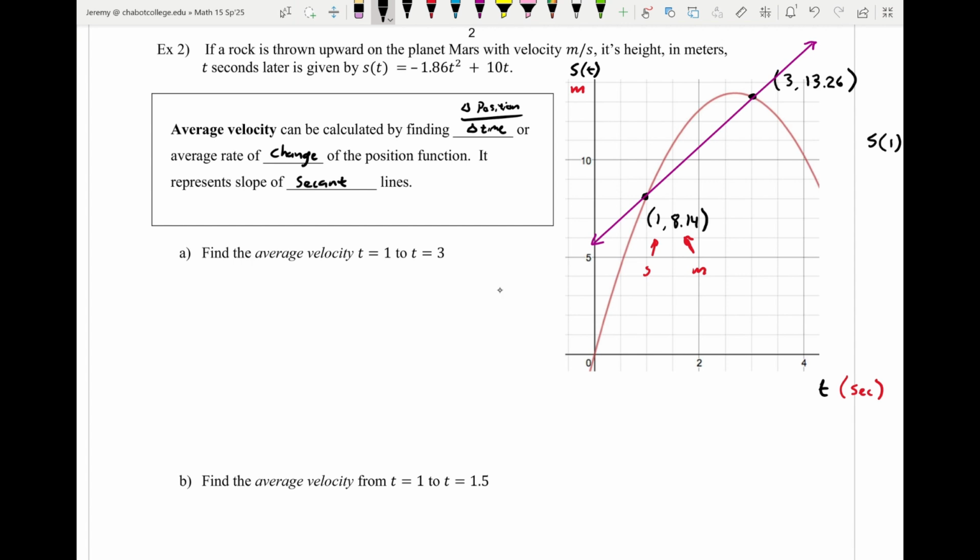So let's do it. We want to find average velocity. Sometimes I'll denote this v with a little subscript AVE, which stands for velocity average. It's going to be the change in distance, or in this case the change in height, over the change in time.